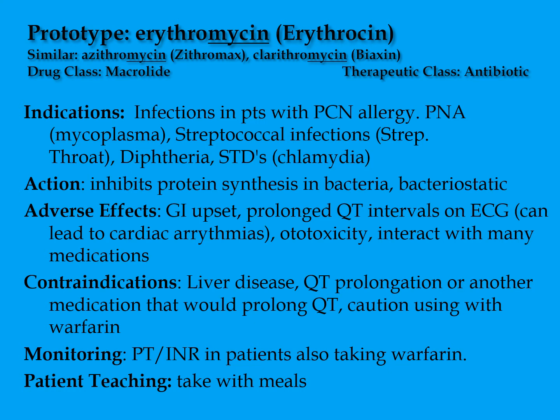So other macrolides came out, such as azithromycin. Maybe some of you have heard of azithromycin or Z-Pak, and clarithromycin, which is another one in the same group, which are macrolides.